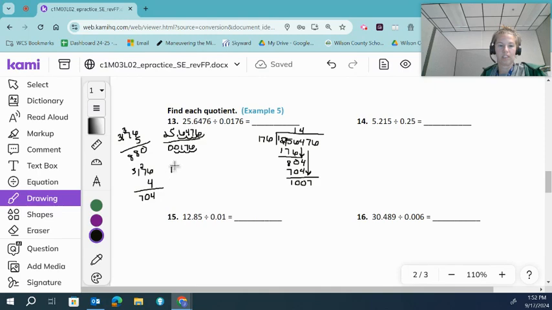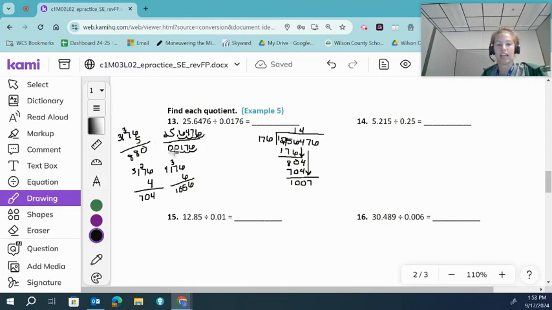So let's try 176 times 6. 6 times 6 is 36. Carry a 3. 6 times 7 is 42, plus 3 is 45. Carry 4. 6 times 1 is 6, plus 4 is 10, so I get 1056.